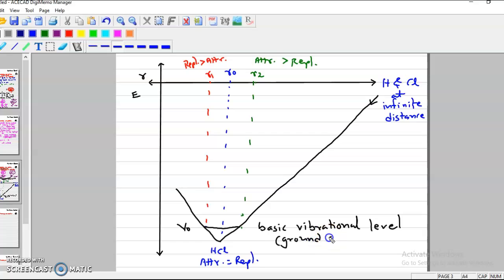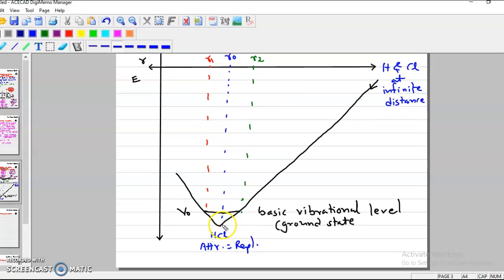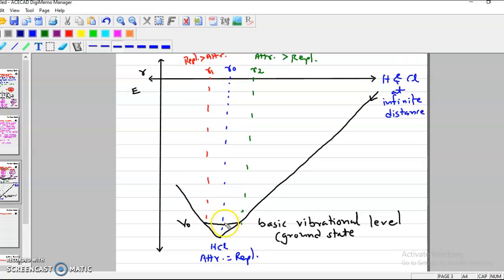So the molecule keeps on vibrating between these two distances, and R0 will be an imaginary average distance. So this is the graph where this thing happens.